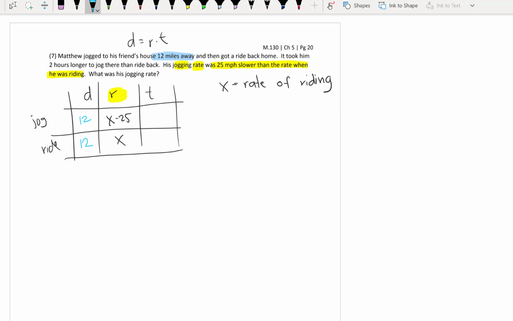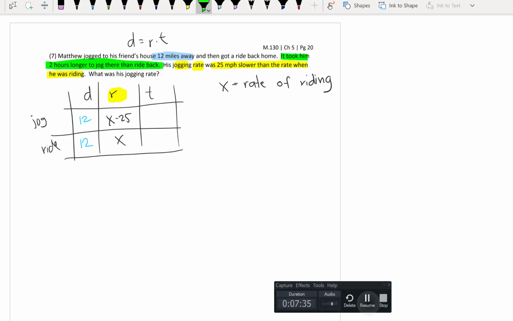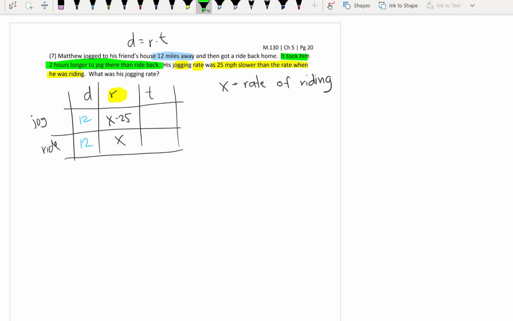And what I was trying to say before was that it took him 2 hours longer to jog there than ride back. So we are going to use a different variable. Let's use the variable t for our time, a lowercase t.